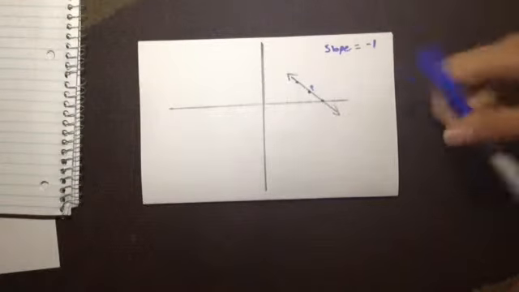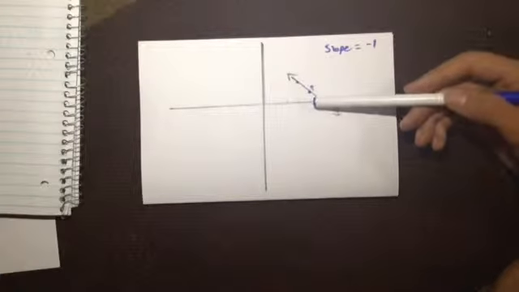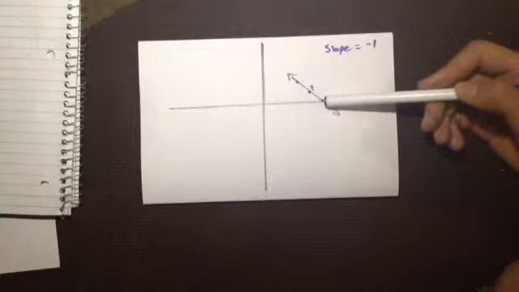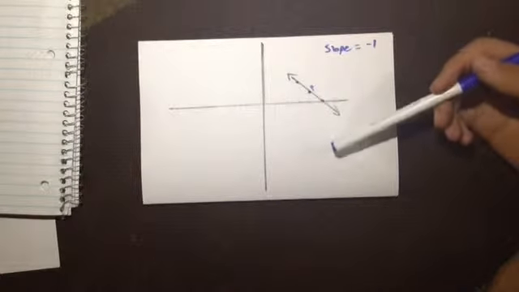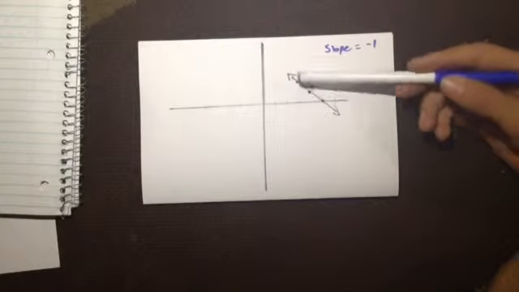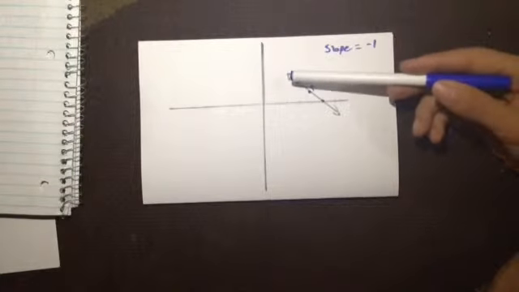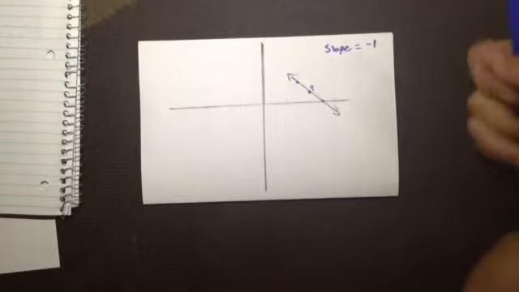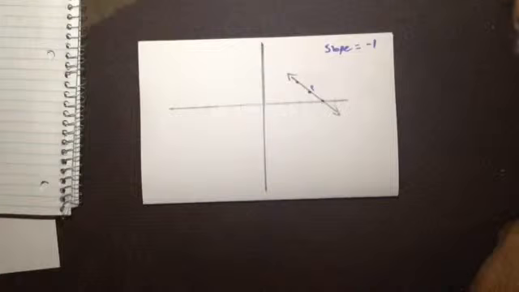And since we have a slope of -1, we can just go down 1 and 1 to the right, since slope is rise over run. And you can just do the opposite for the other one. So you go up 1 and you go to the left. Since this has a negative slope, the line is going to be at a decreasing angle.